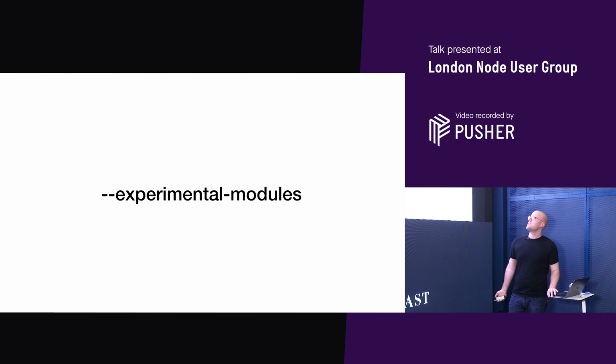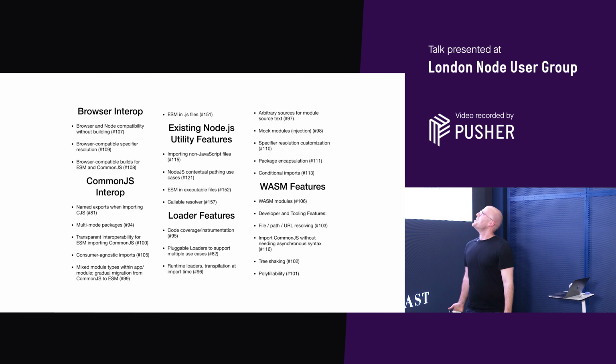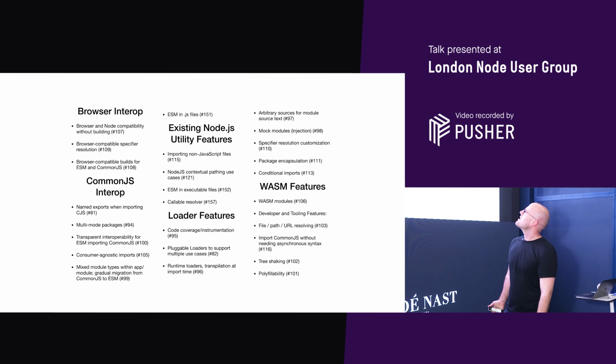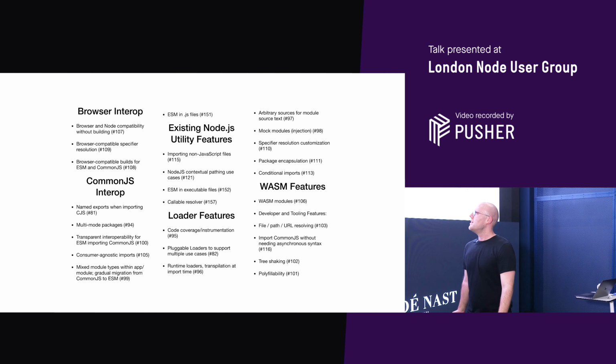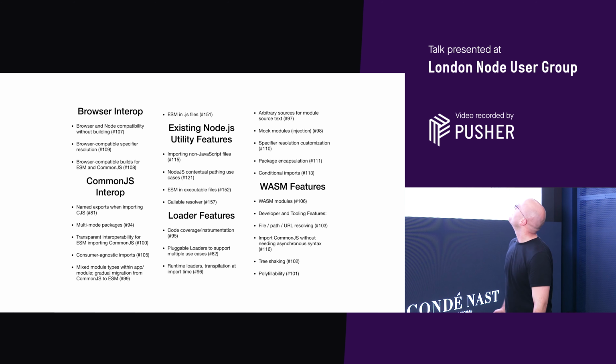Experimental modules has been around since Node, I think, 8.5. So it's been some time. There's a lot of feedback that's come back from it. Here's a load of it. This doesn't include the massive Google Doc of user stories that I had to read through.